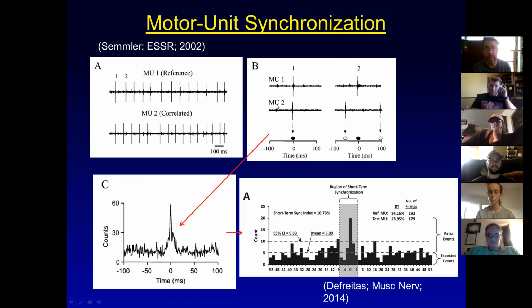One of the things that happens when you get very synchronous firing is that you get this rhythmic increase in force production out of the muscle. So one of the ways that we can actually learn to get more force out of a muscle is to fire all of the motor units in that muscle where their action potentials stack up right on top of each other. So it's very, very synchronous.